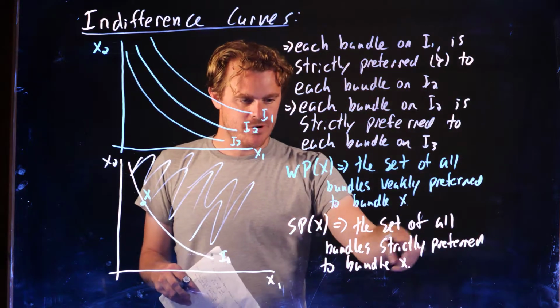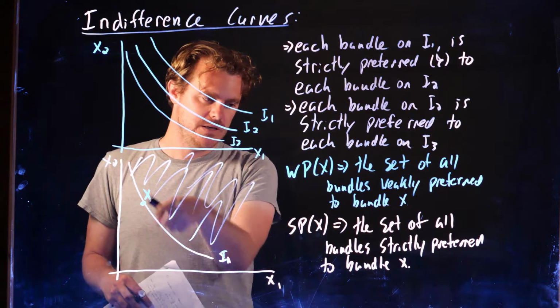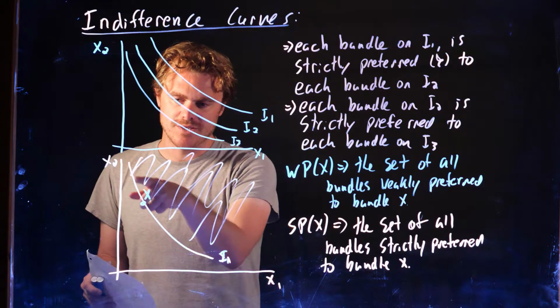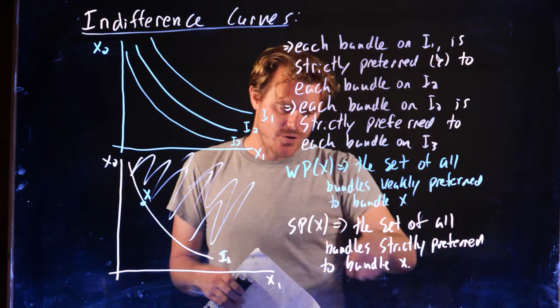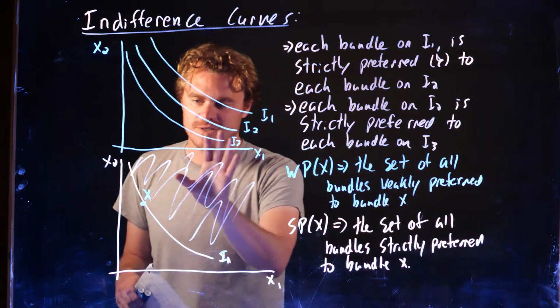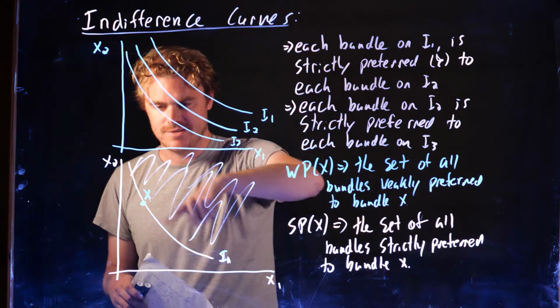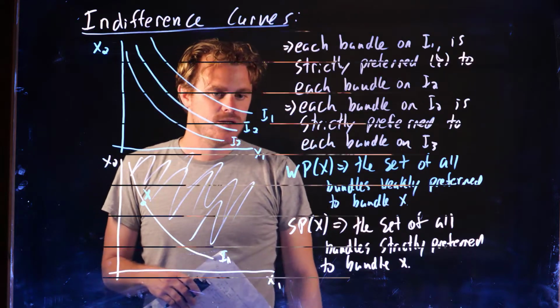And so this strictly preferred set does not include the bundles on I1, right? Because they're indifferent towards all these bundles on I1. But this set is the bundles that are strictly preferred. So it's just this cloud of bundles, not including anything along the line, just further from the line. Okay.